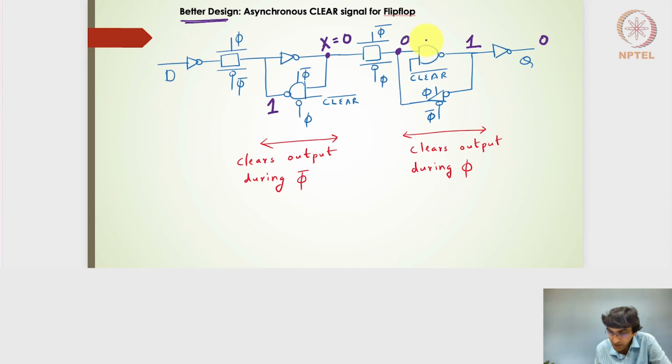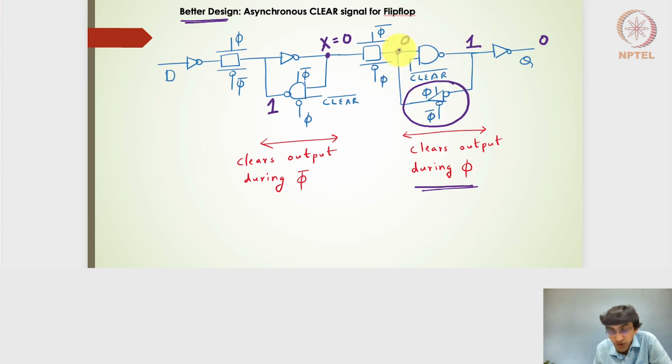So we have accommodated these two NAND gates. This particular NAND gate ensures that the clear output is 0 during the phi level of the clock. And during the phi level of the clock, it is actually maintaining this particular path, because this tri-state inverter maintains this 1 and makes this 0.